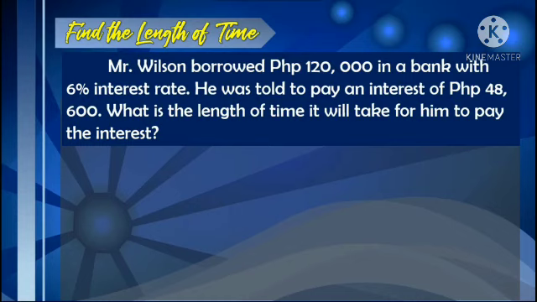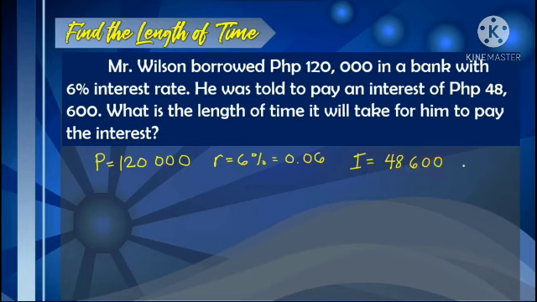Based on the given in the problem, we have the principal value, which is equivalent to 120,000 pesos, an interest rate of 6% or 0.06 in decimal, the interest value of 48,600, and the unknown is the time.